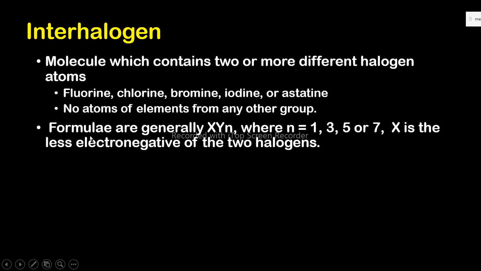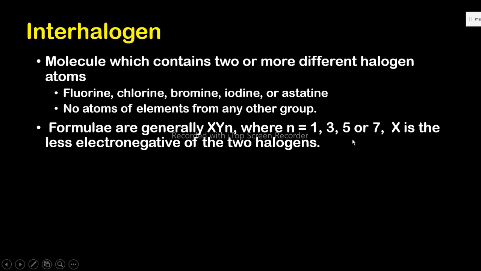So the formula is generally XY_n, where X and Y are two different halogens, and n can be 1, 3, 5, and 7.